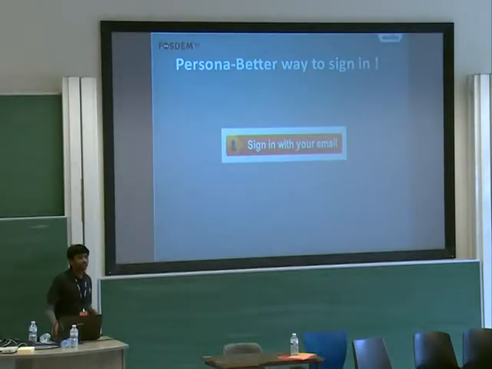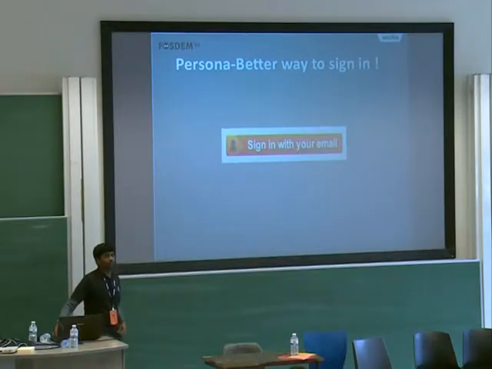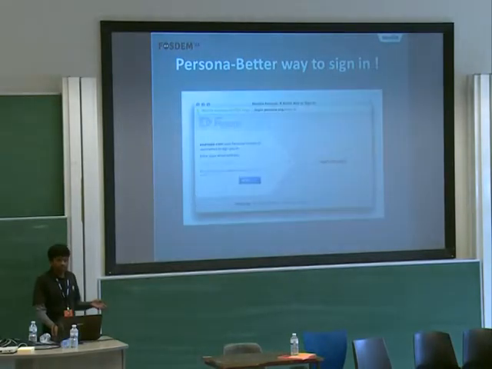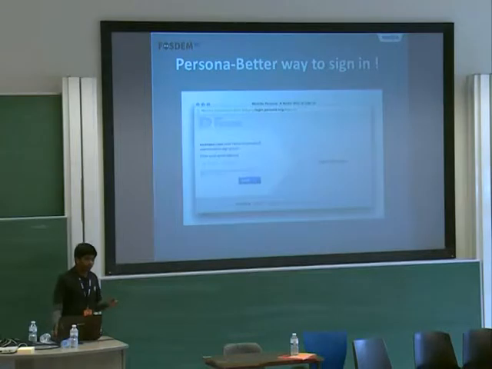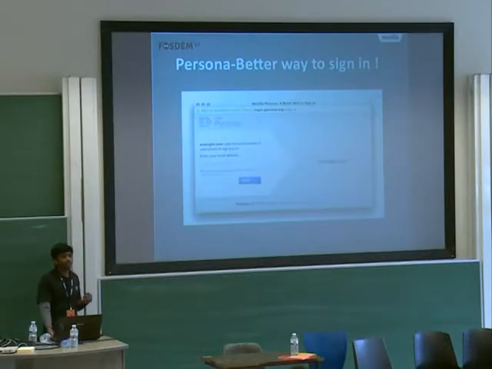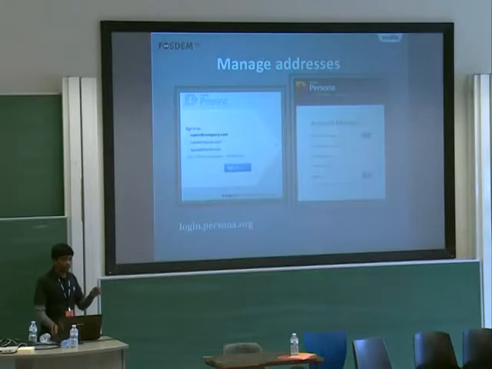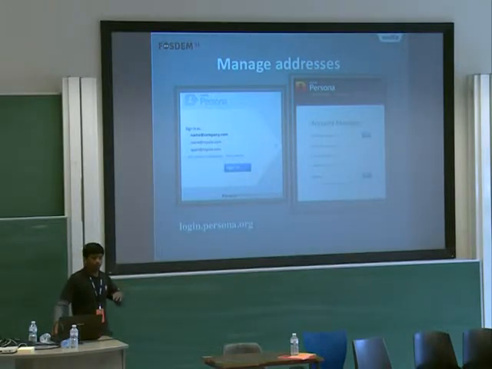So the better way to sign in is to use Mozilla Persona, which actually helps you to sign in very easily. Just create an account, and next it asks you to enter your email ID. So Persona mainly takes email addresses as unique values and then proceeds with the login. This is a screenshot of how you manage email IDs in the browser.